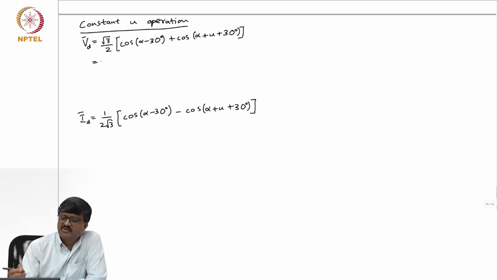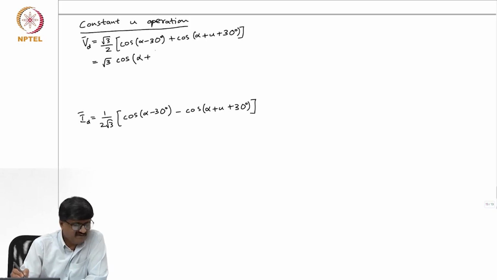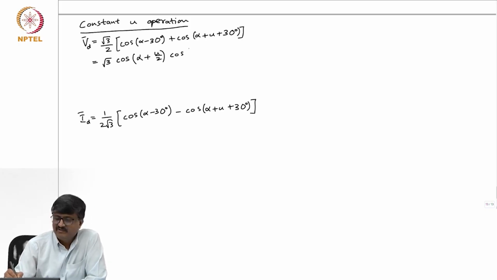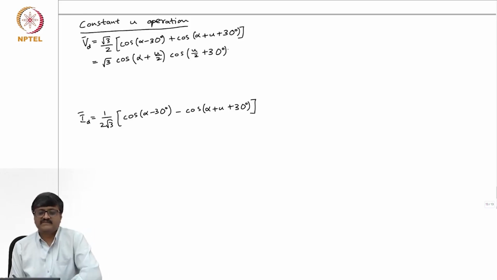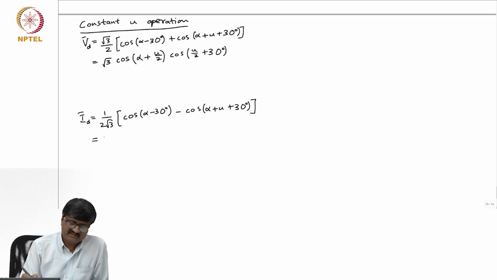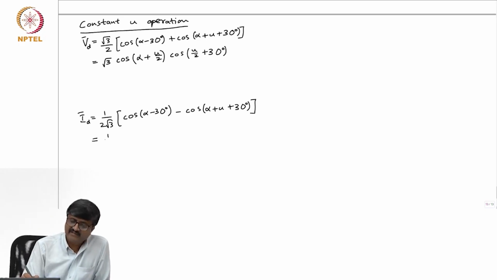Now, I leave it to you to show that the first is equal to root 3 cos(alpha plus u by 2) into cos(u by 2 plus 30 degrees). Similarly, the second can be shown to be equal to 1 by root 3 sine(alpha plus u by 2) into sine(u by 2 plus 30 degrees).